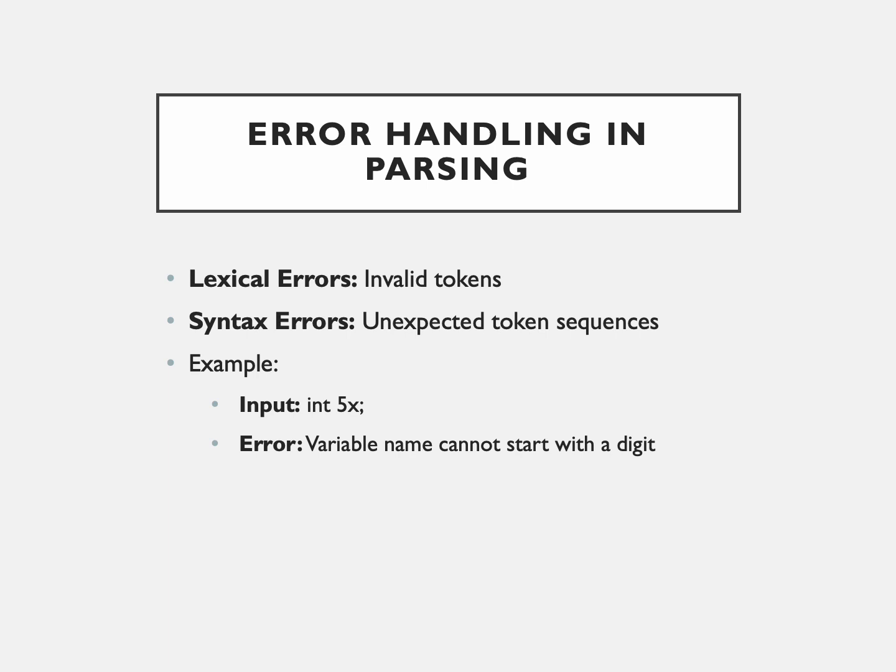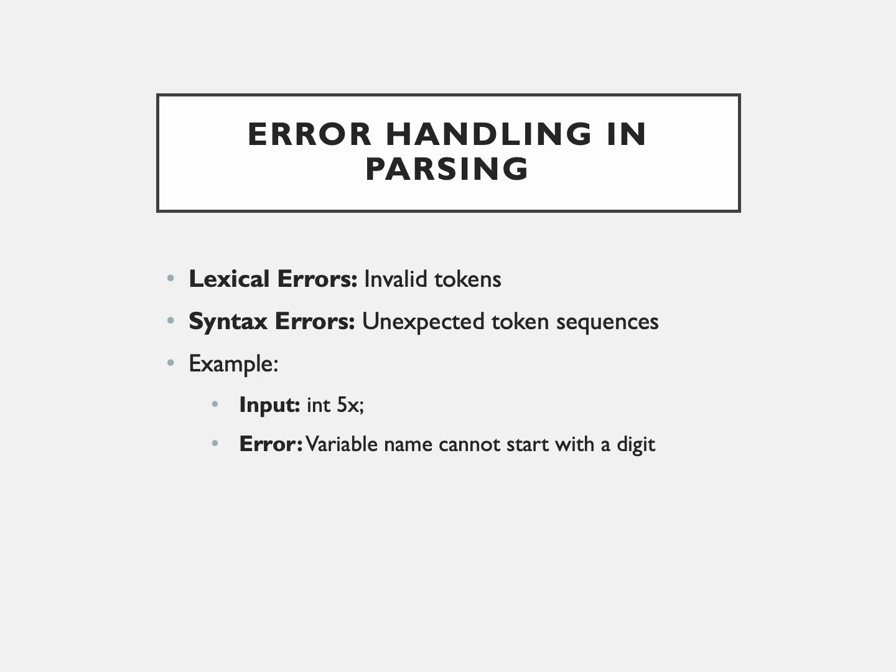So the goal of error handling in parsing is to detect and identify the location and type of error accurately, and then provide clear feedback to the programmer about what went wrong. So it reports to the programmer. Then it will attempt to continue parsing the rest of the code wherever possible using techniques like panic mode recovery and phrase level recovery.